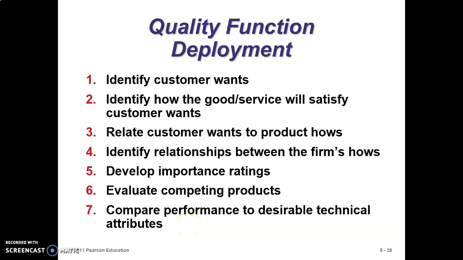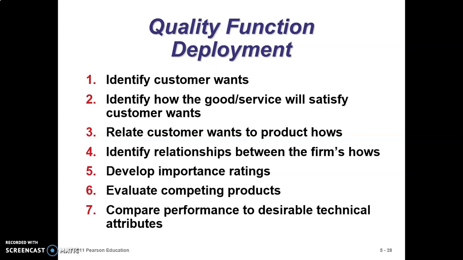Okay, now we move to quality function deployment, whereby the first step we need to identify what customer needs and wants, and then the second step we need to identify how the goods and services will satisfy customer wants.